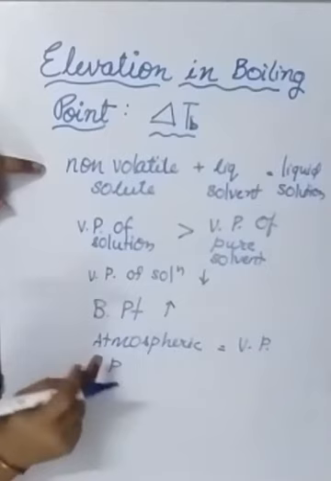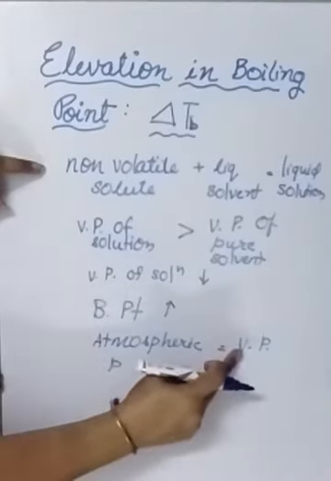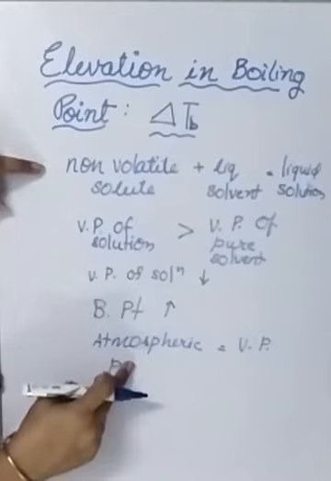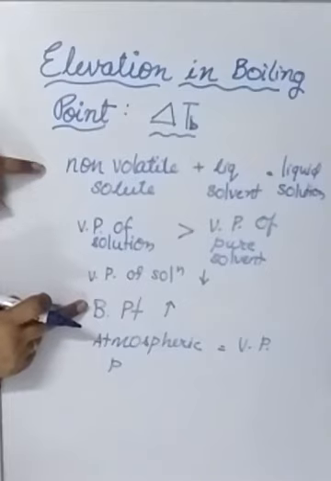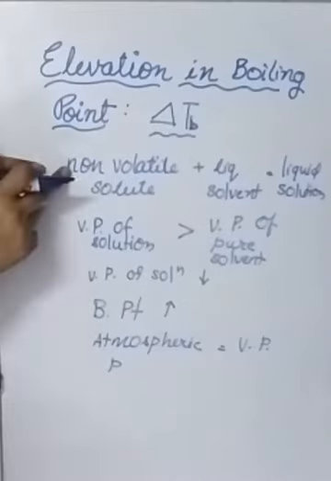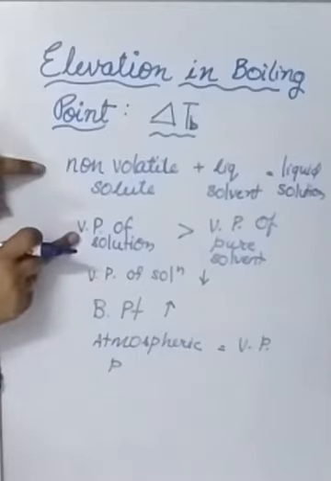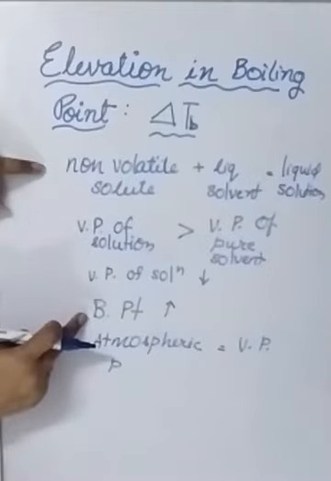When vapor pressure of the solution becomes equal to atmospheric pressure, the substance starts boiling, and that temperature is called the boiling point. So we'll find, since when non-volatile solute is added, vapor pressure of solution decreases, and due to decrease in vapor pressure there occurs increase in the boiling point.